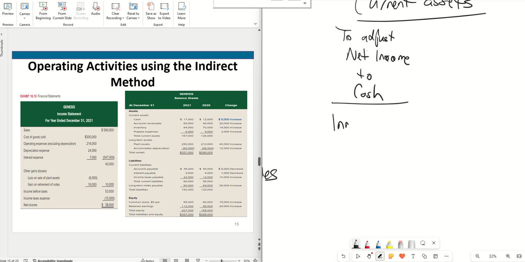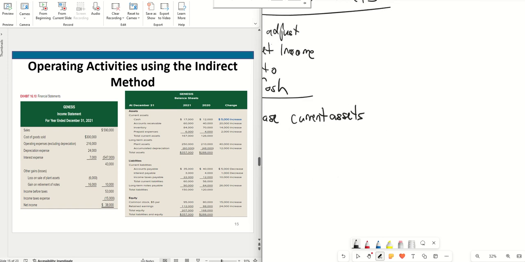if there's an increase in current assets, subtract from net income.